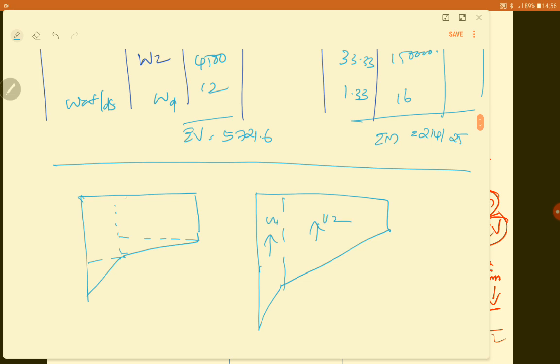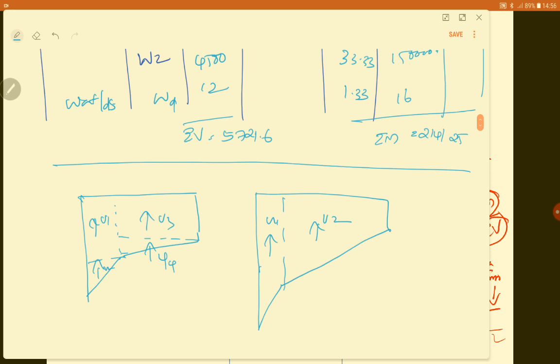Here I will be taking it as four parts, U1, U2, U3 and U4, the 4 forces that act upward. Okay, so now what is this U1?